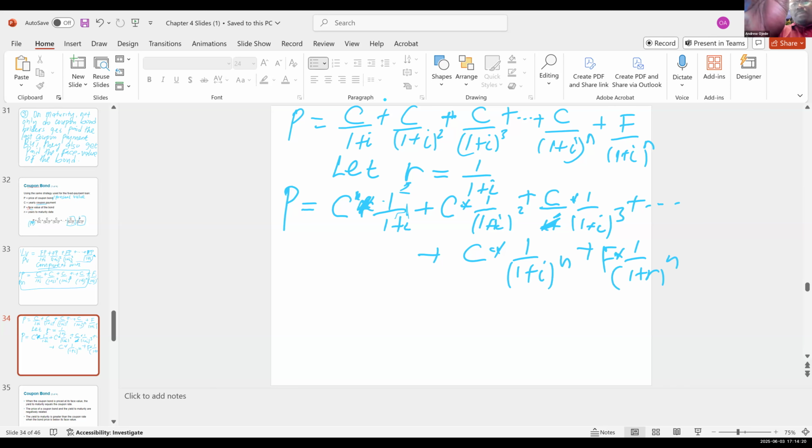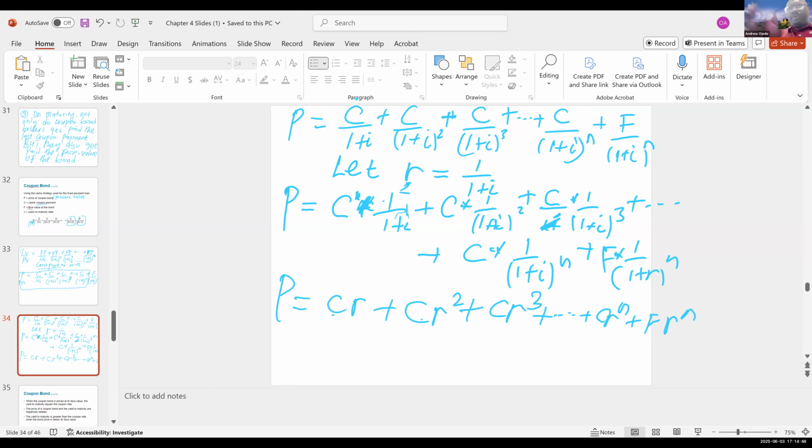Okay, and since 1 over 1 plus I is R, we can say the price or the present value of a coupon bond is going to be C R plus C R squared, since C times 1 over 1 plus I squared is C R squared, plus C R to the power 3, going up to C R to the power N, plus F R to the power N.